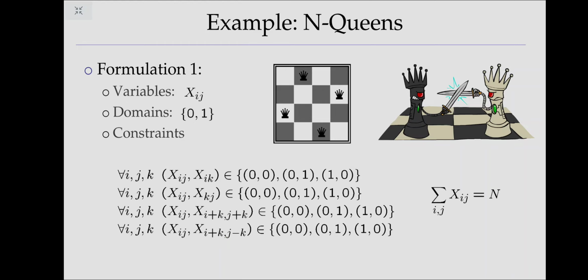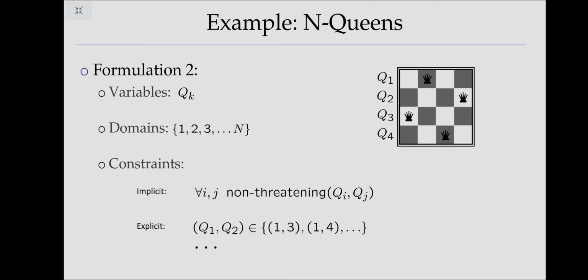This is the first formulation. For a constraint satisfaction problem, you can define different mathematical formulations. For example, this is another representation of the mathematical model. As you see, instead of two-dimensional variables, now I choose a single-dimension variable.